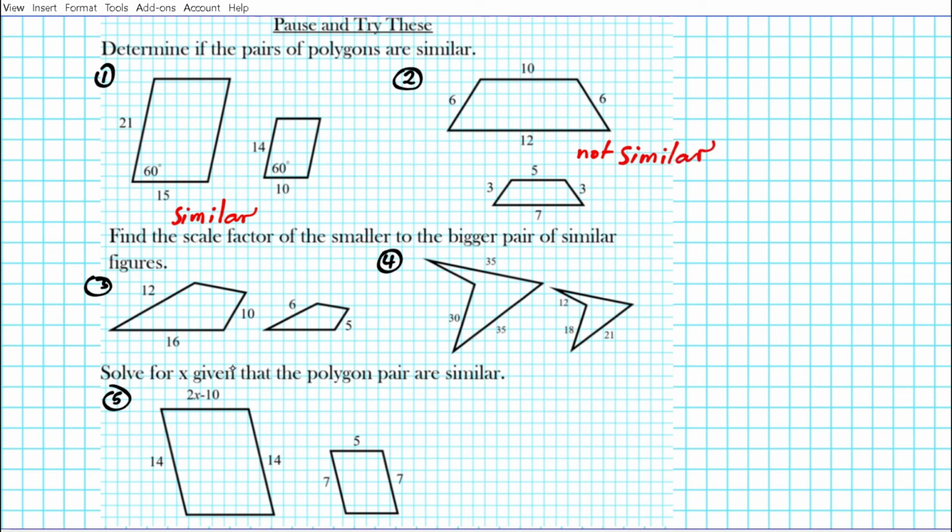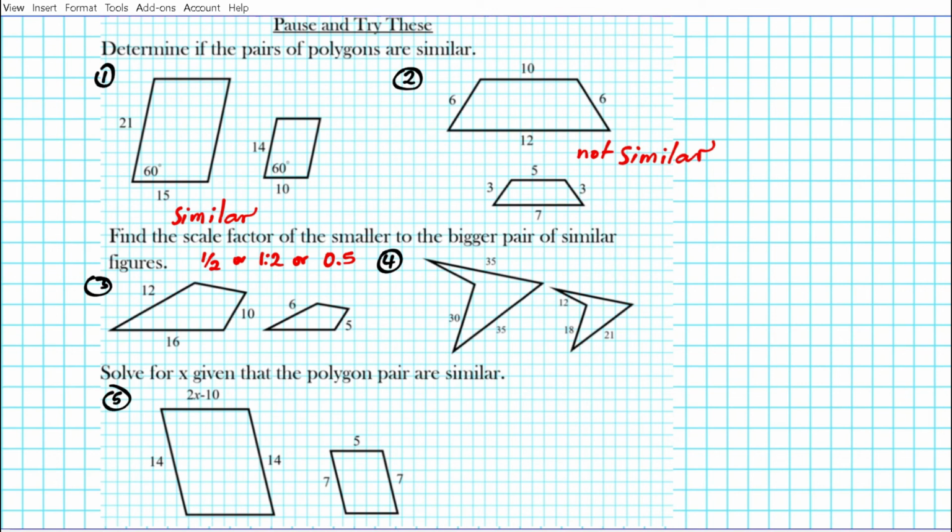For question number 3, scale factor for this, the ratio of the smaller to the bigger, you can write it as a fraction, which is 1 over 2, or you can write it as a ratio 1 to 2, or as a decimal 0.5.